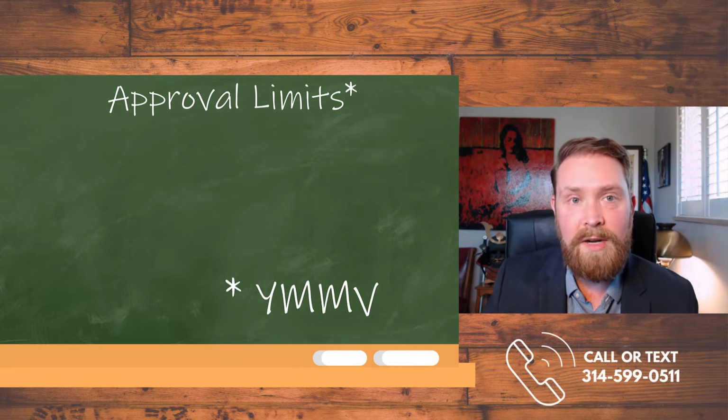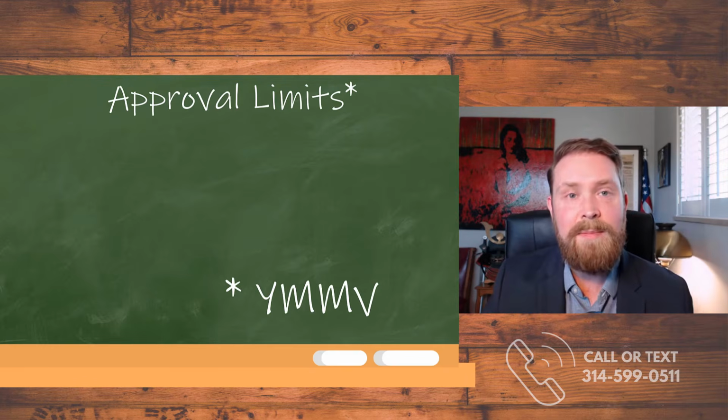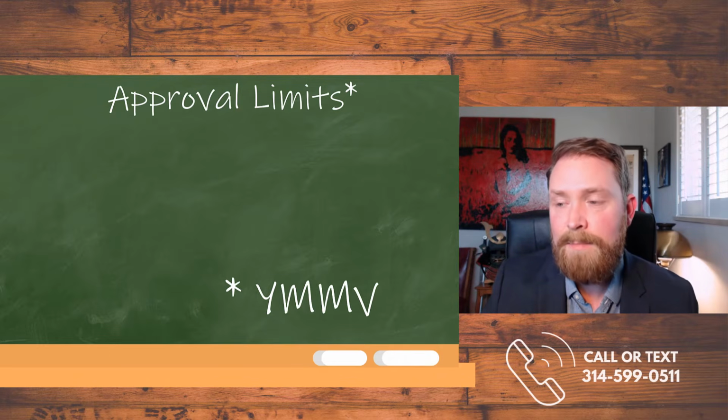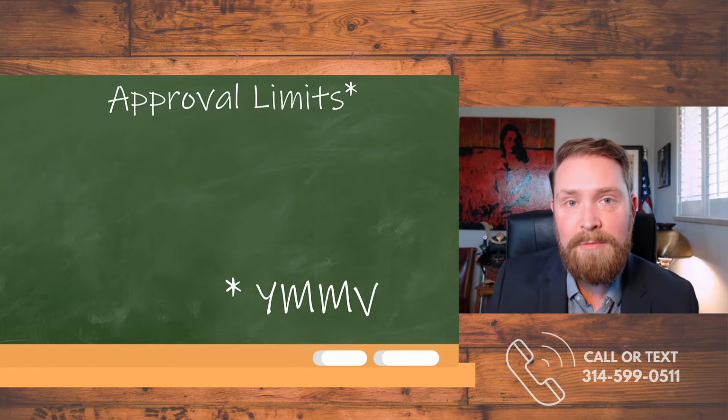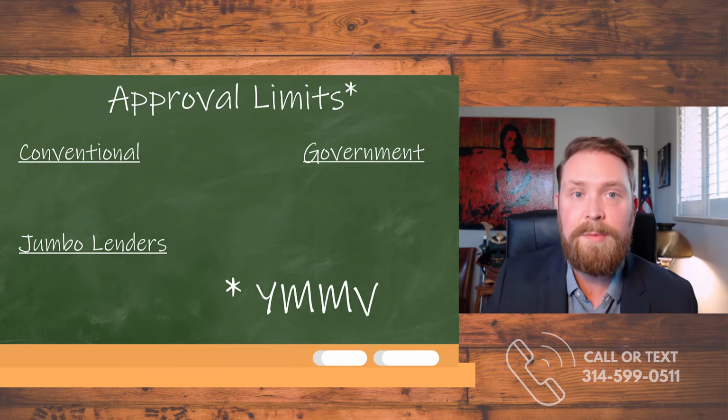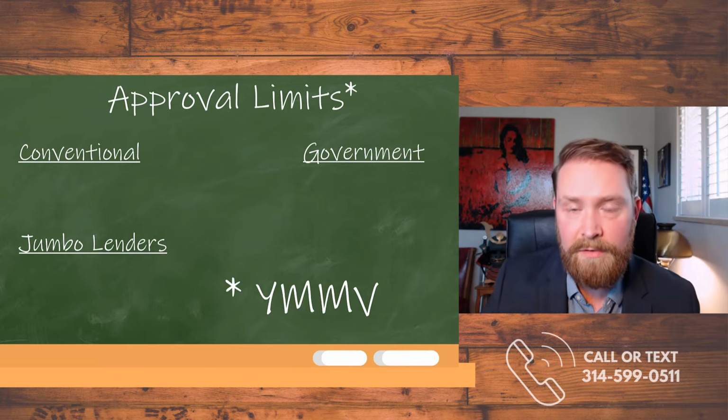The algorithms are played around with all the time. We'll get an email that says, okay, Desktop Underwriter by Fannie Mae is coming out with a new algorithm, and here are the changes that we expect to see. So your mileage may vary with the numbers I'm about to give you, but what you'll see is that these numbers are very, very different than the 36% number that you see over and over and over again.